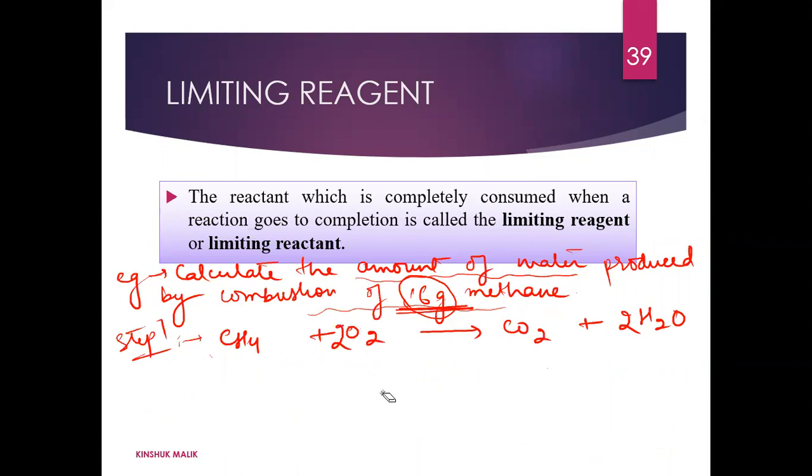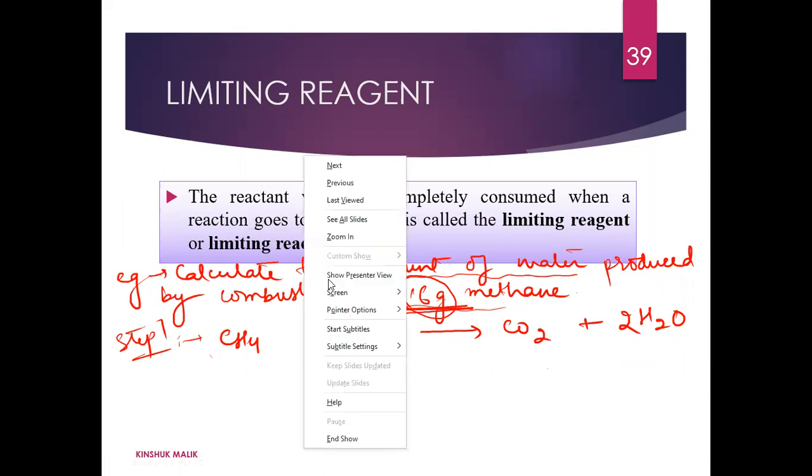They can also give you the mass mole conversion, like suppose this many molecules of CO2 are present, then calculate the molecules of methane required. But in that also, you first solve the entire question in terms of moles, and then do the later conversion, whatever is asked in the question.